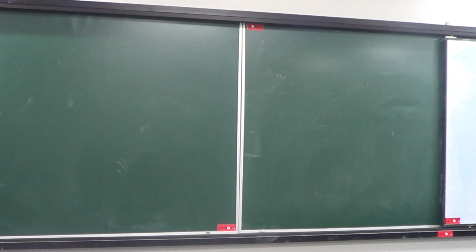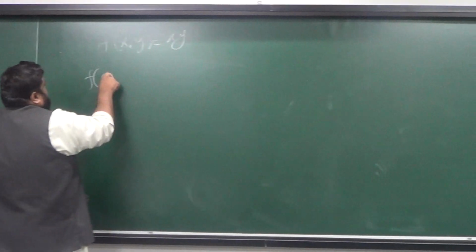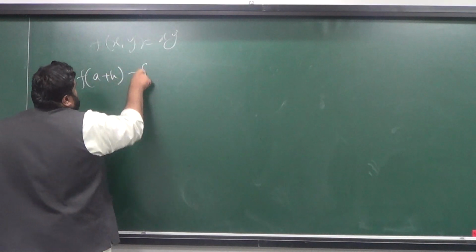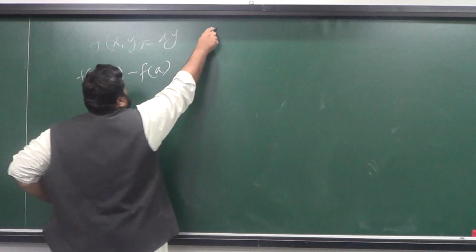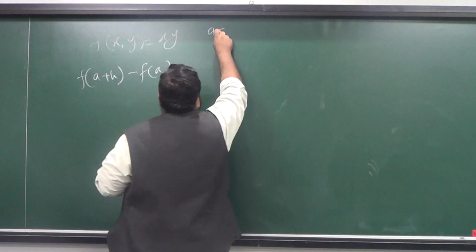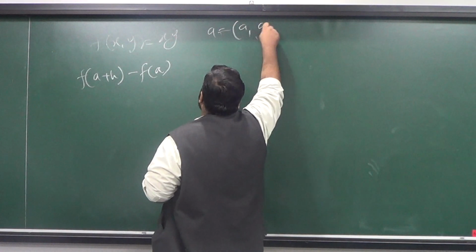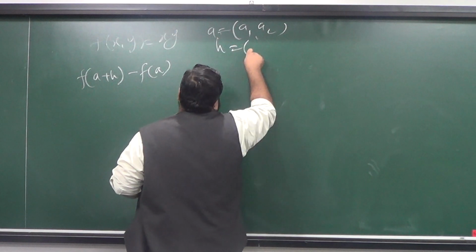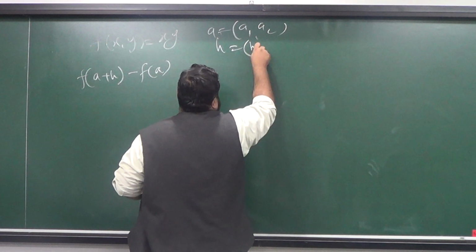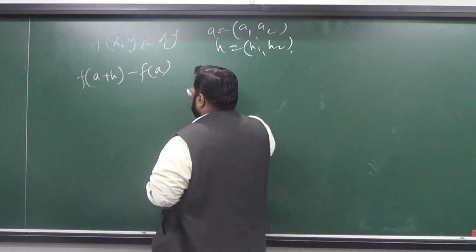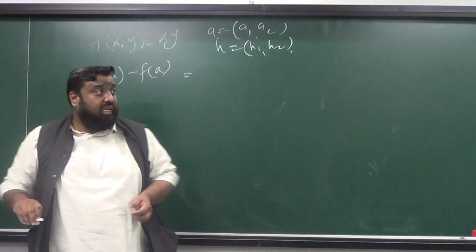Okay. And then we evaluated f of a plus h, minus f of a, where a is the vector (a1, a2), and h is an arbitrary vector. So it's a fixed vector and this is an arbitrary vector (h1, h2). So this becomes what?